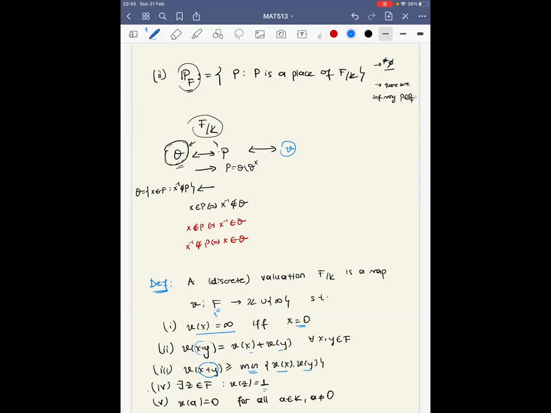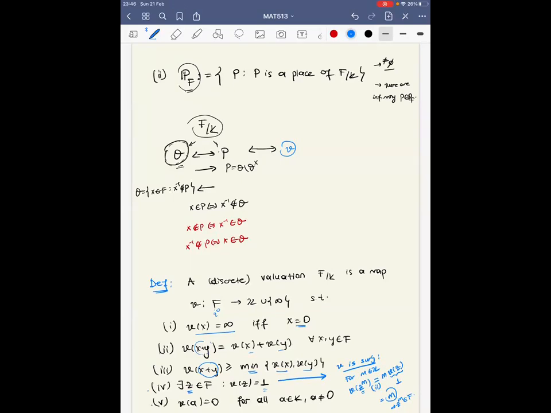And here, let me mention that thanks to this property, we can say that v is indeed surjective, because for any integer m, if you consider the function z to the m in F, its valuation will be m times v of z from part 2, the second property, and since the valuation of z is 1 because we choose z with this property, we see that for every m we can find a function in F. So this is surjective.